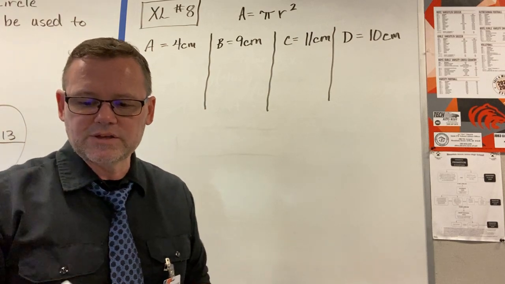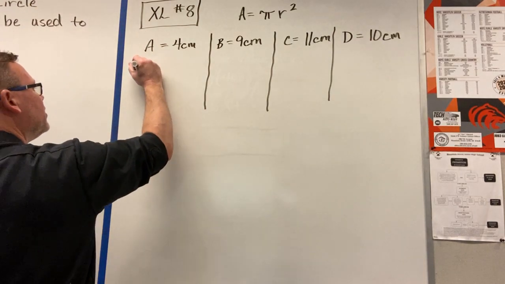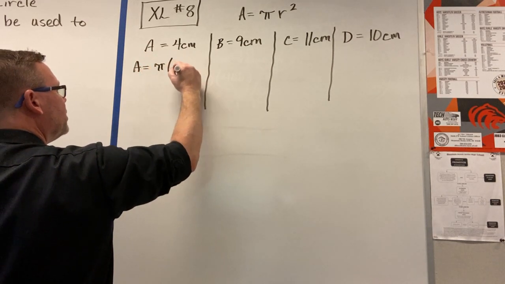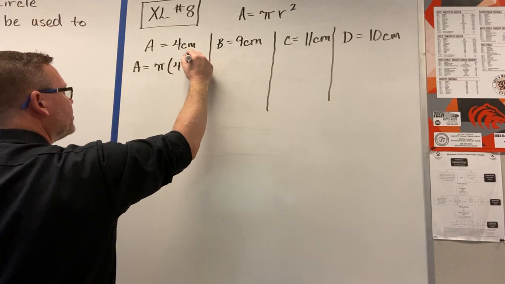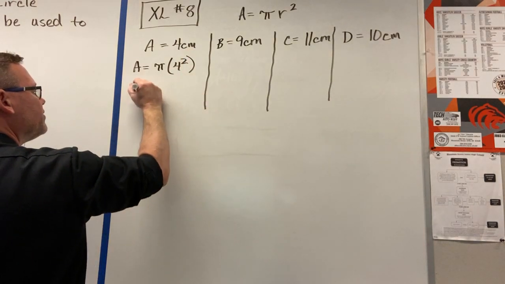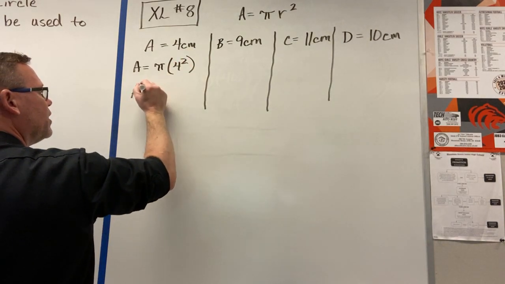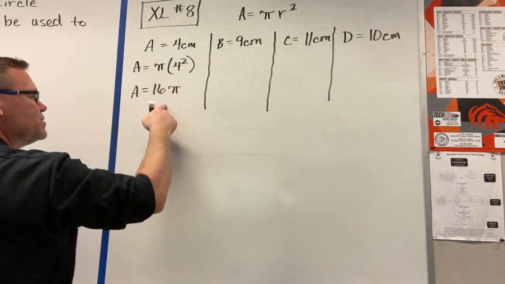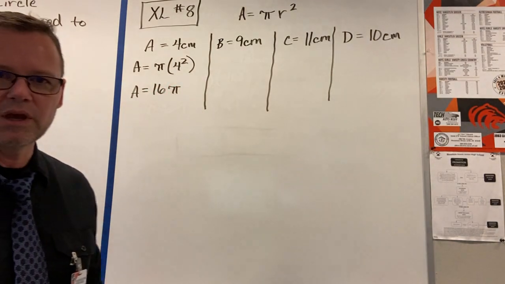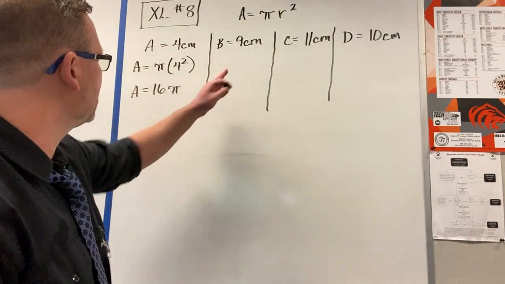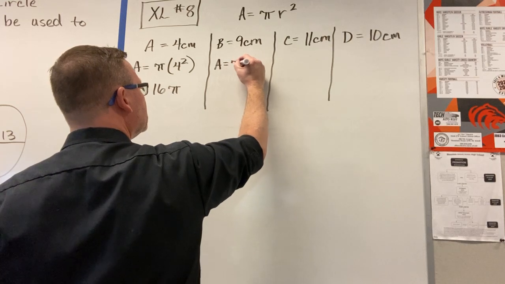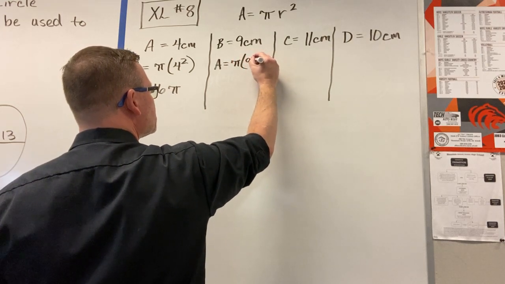So in other words, when I do this, I'm going to say the area equals pi multiplied by 4 squared. So the area for this one is 4 squared is 16, and we leave pi as pi, so it's 16 pi. Okay, guys? When I calculate this one, again, area equals pi multiplied by 9 squared.